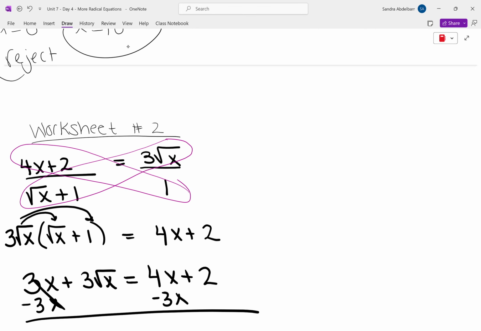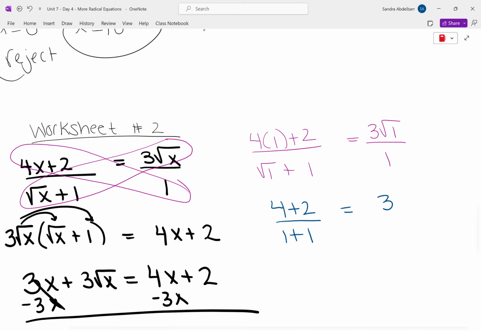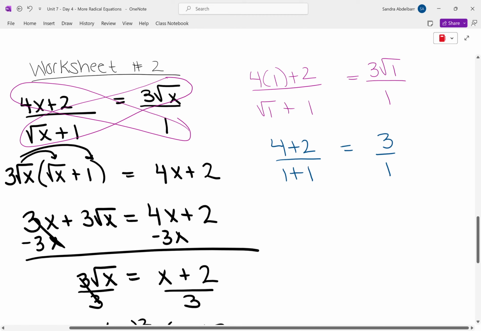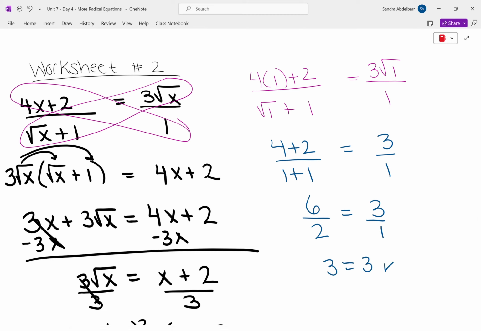So when you check, you go back to the original. So this is 4 times 1 plus 2 over the root of 1 plus 1 equals 3 root 1 over 1. But what's the square root of 1? 1, right? Square root of 1 is 1. So this is going to be 4 plus 2 over 1 plus 1 equals 3 over 1. So 4 plus 2 is 6 over 2 equals 3 over 1, and 3 is equal to 3. Good?